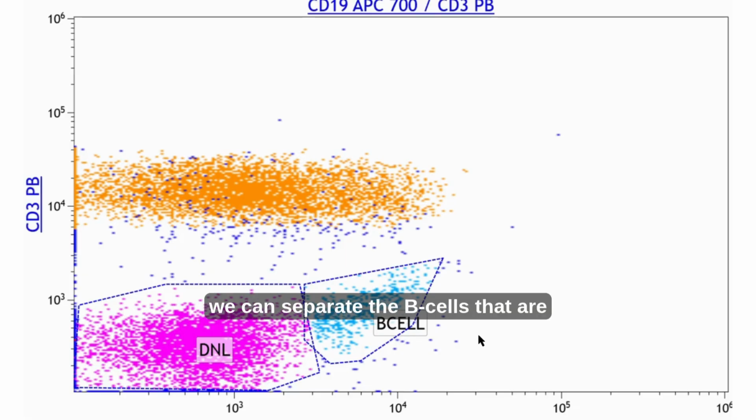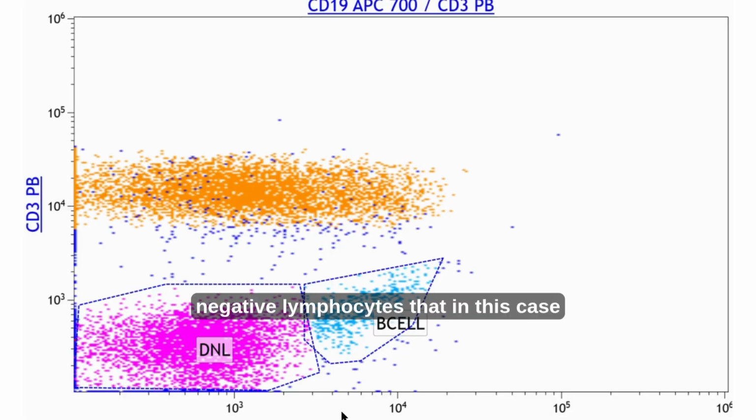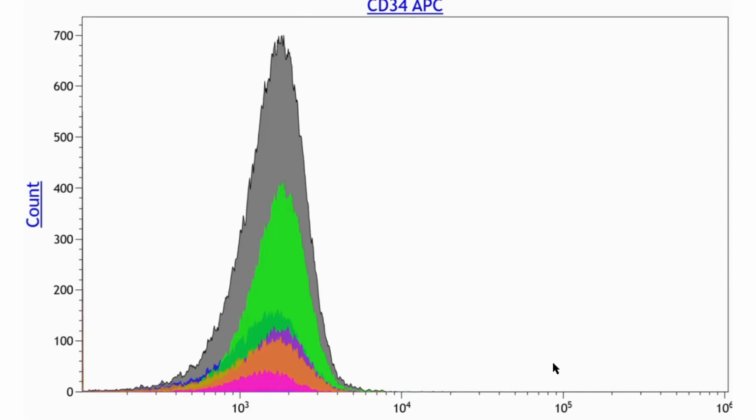Here we can separate the B cells that are CD19 positive, CD3 negative, and DNL is for the double negative lymphocytes, that in this case are a bunch of them right there.